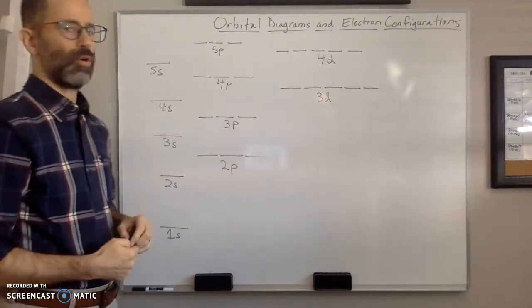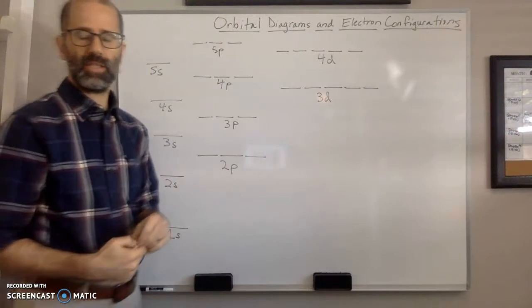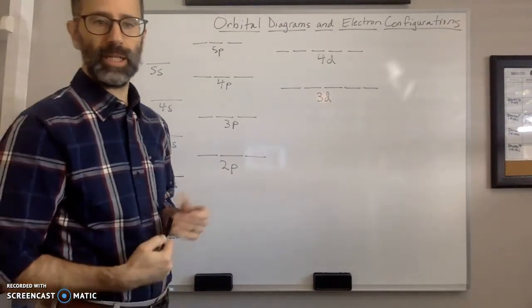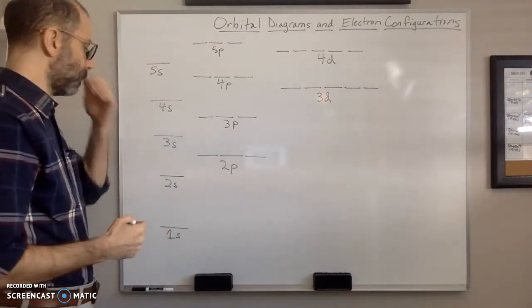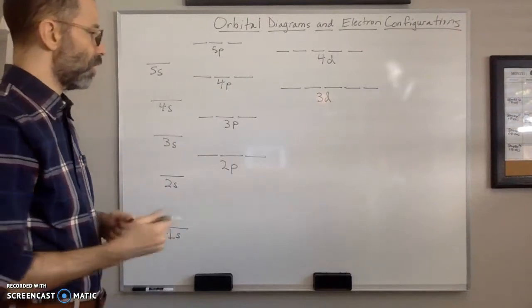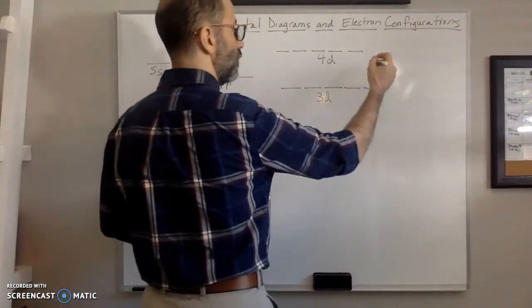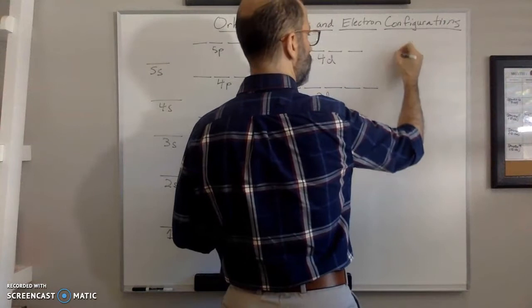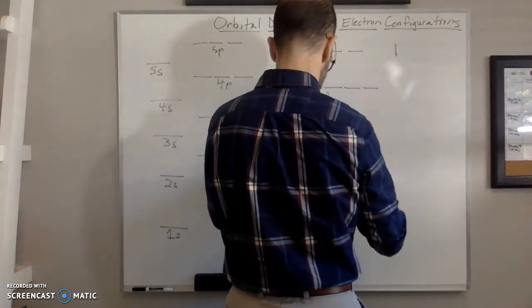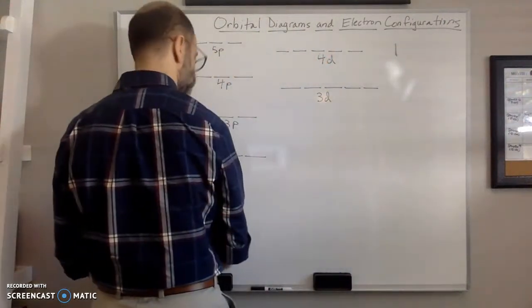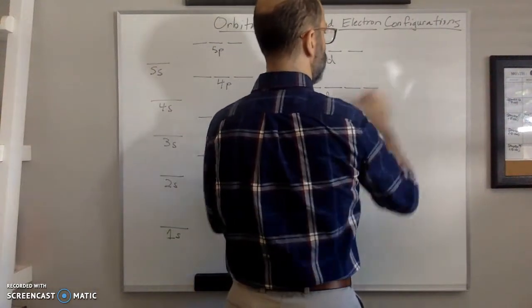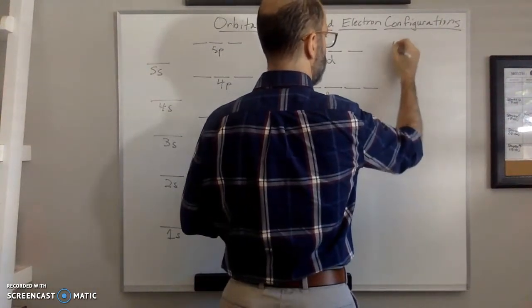So how do you go about writing the electron configuration for elements? You have to follow three things. The first is the Aufbau Principle.